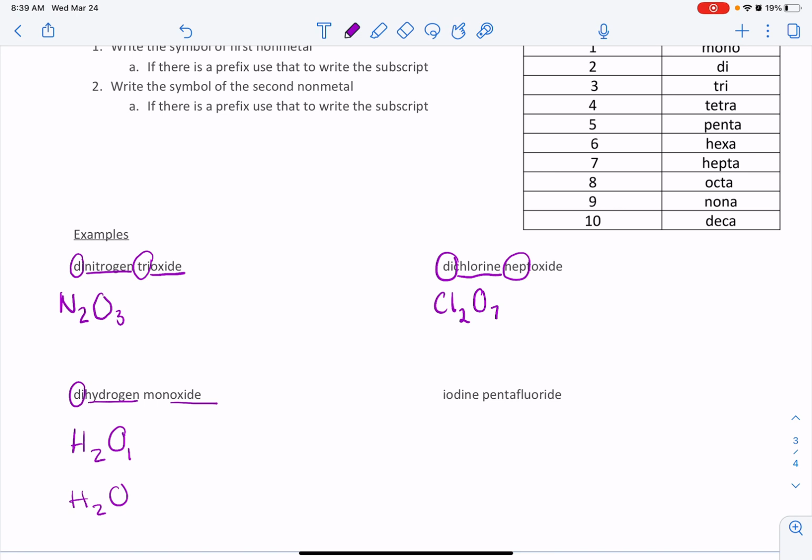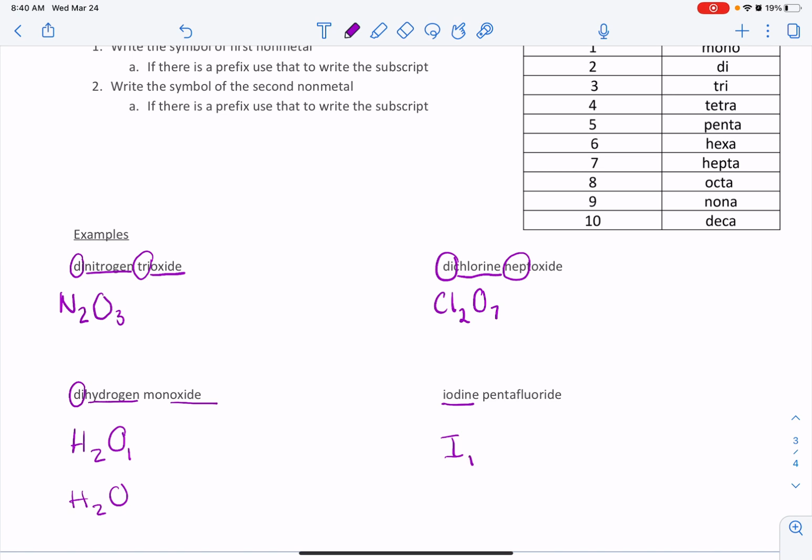Okay, let's look at another one here. So I have iodine pentafluoride. Okay, so iodine I know is the letter I. If I didn't know, I could look on my periodic table. But I noticed there's no prefix. Now remember, when we were talking about naming, we said if the first element only has 1, there's no prefix. So that means that there must only be 1 iodine atom.